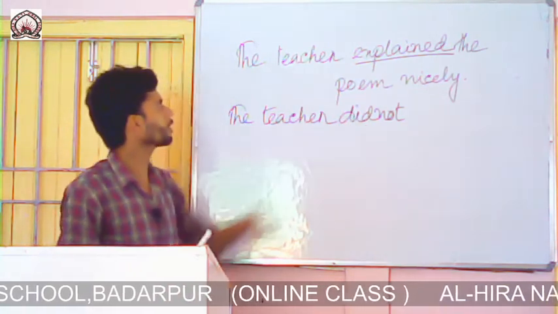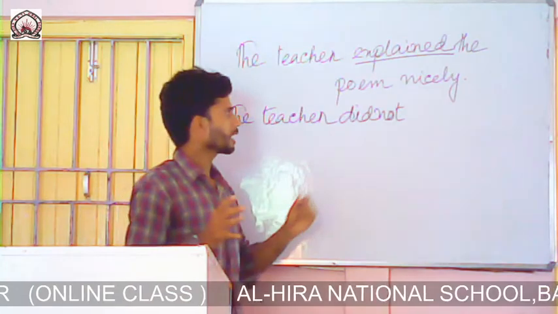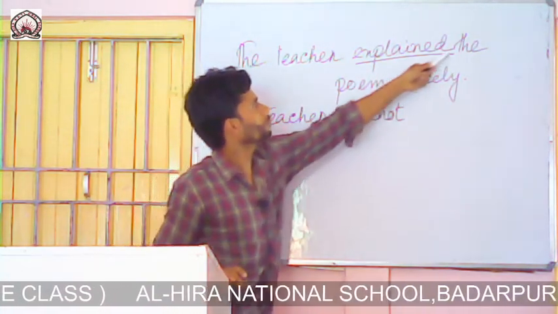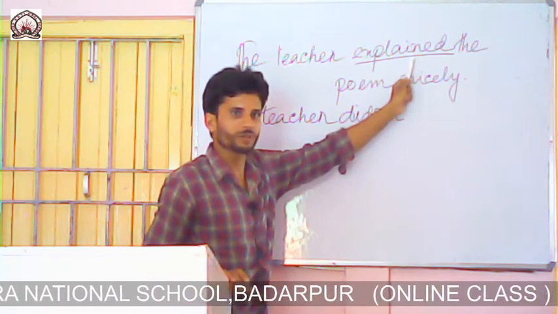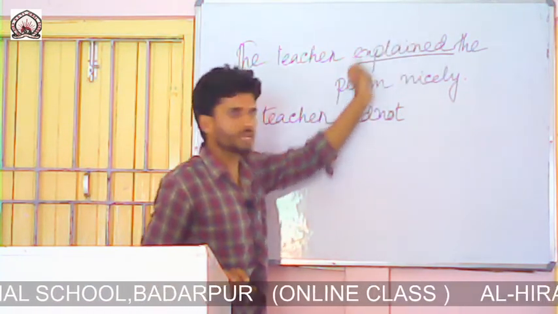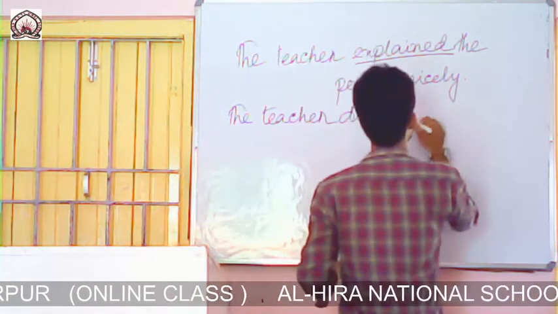The teacher did not. And then remember, after writing did not, we are to write the main form or the present form of this verb. We cannot write explained. The teacher did not explain.